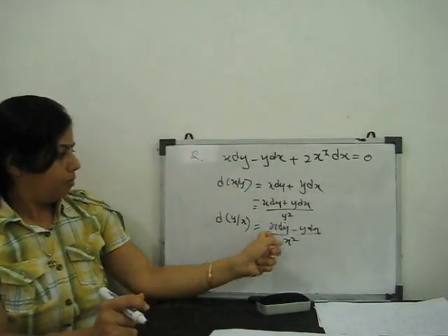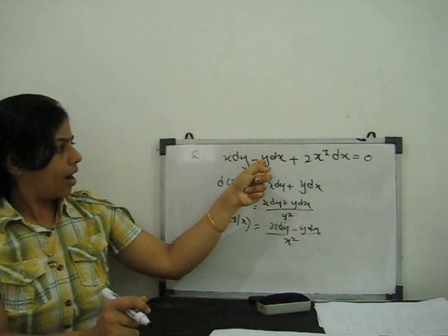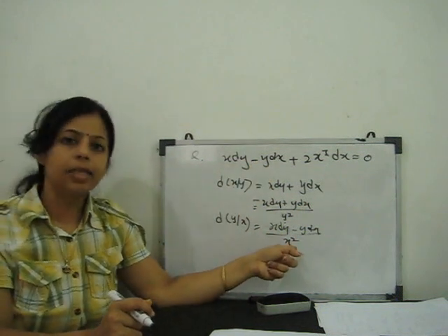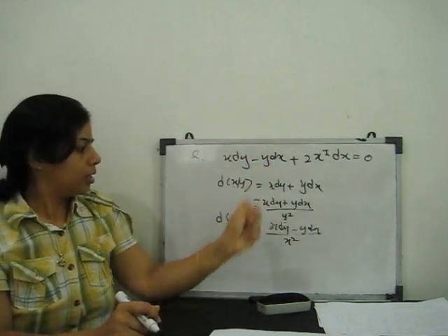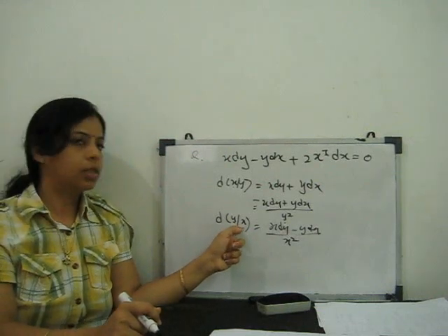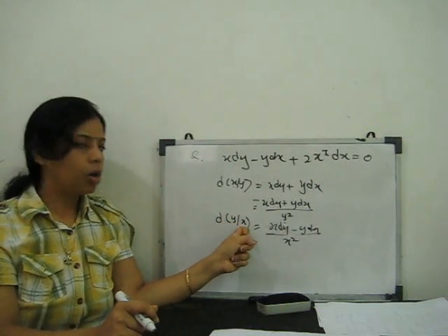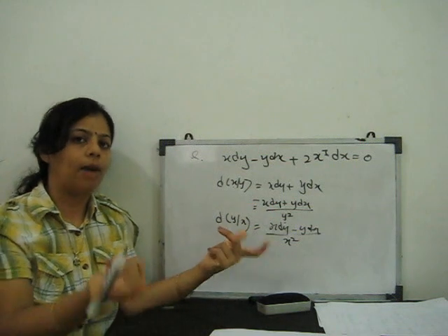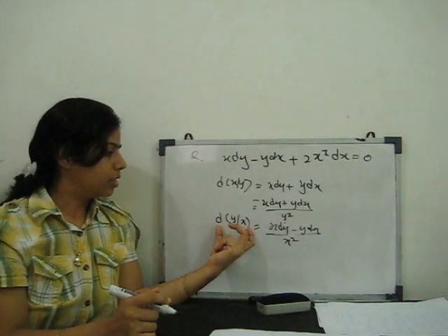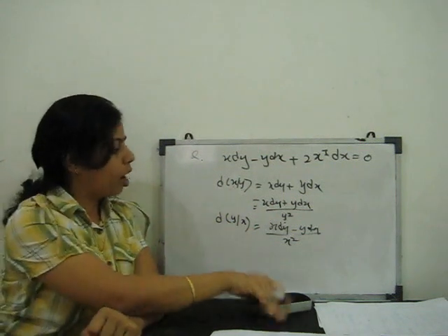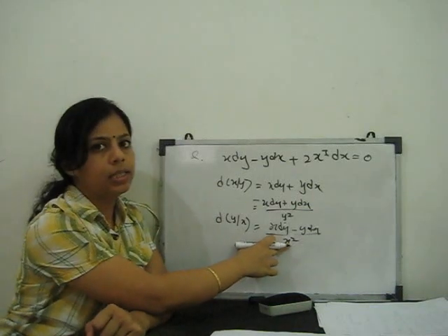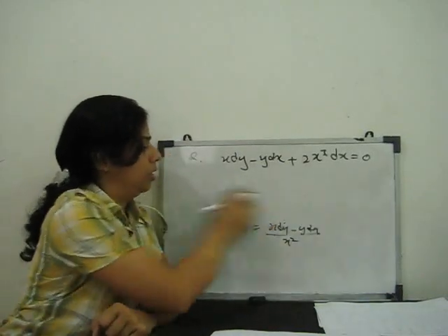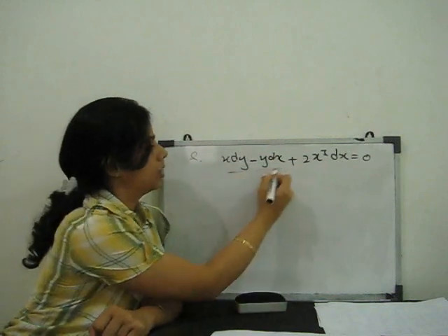Now we can see, if we divide this equation with x², it converts into a term we can integrate; the integration of d(y/x) is y/x, a total differentiation. So our integrating factor is 1/x². Just divide this equation with x².